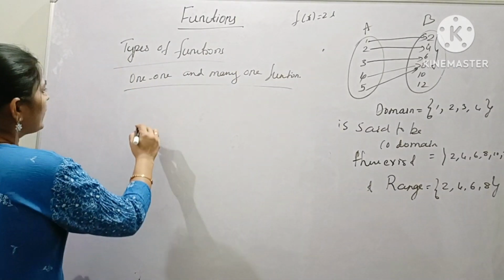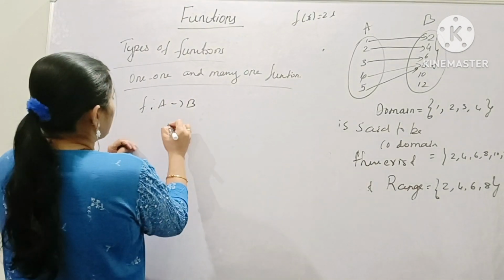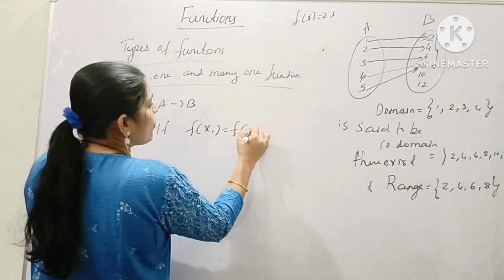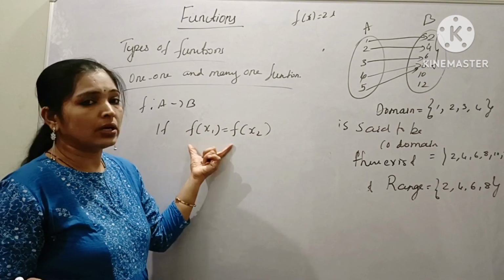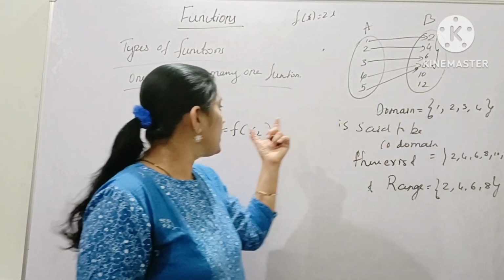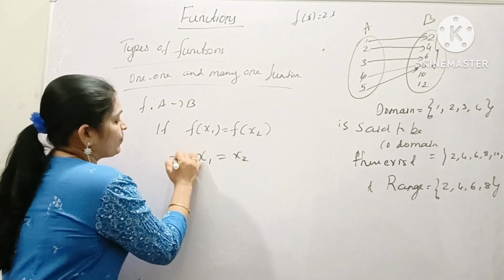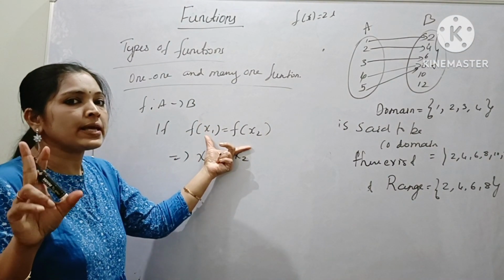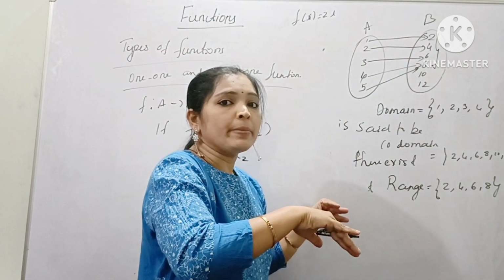Suppose f is a function from A to B. If f of x1 is equal to f of x2, where these are elements of the image, that is elements of the codomain, then x1 is equal to x2. If two images are equal, then their pre-images are equal.